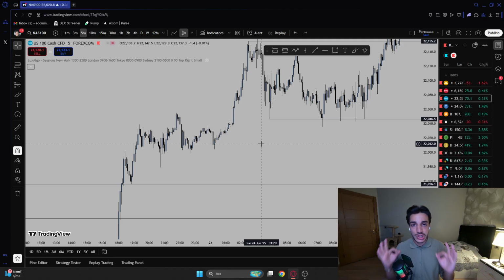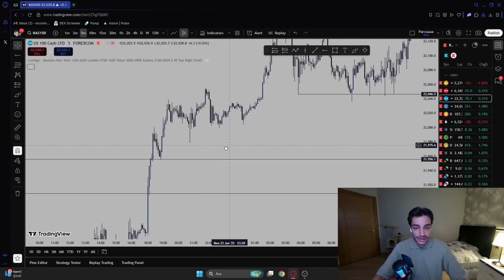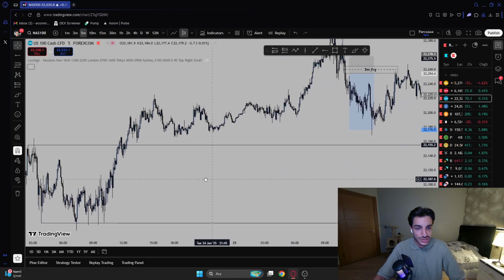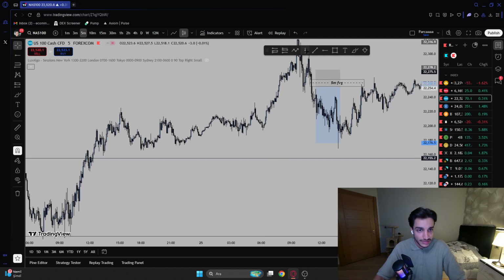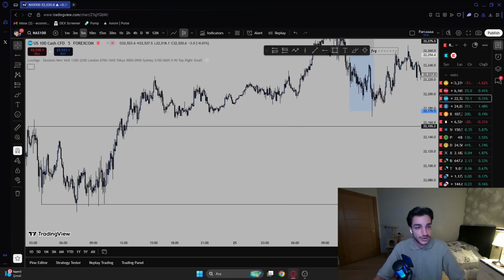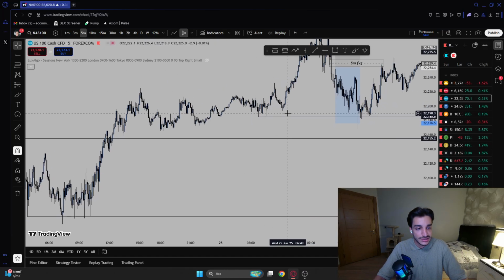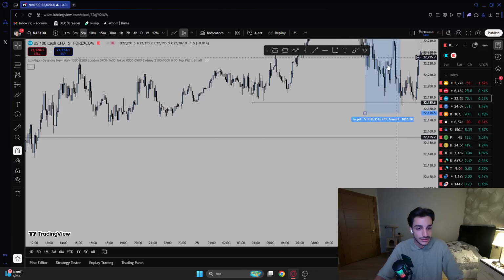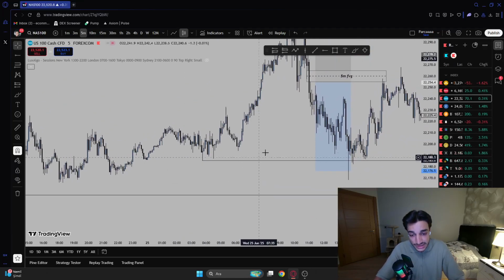You have to know liquidity sweep. It's not a choice. You must know it. Look, I can show you 1,000 liquidity sweeps right here. We have a liquidity right here, and we also don't take all the liquidities. We take the important ones. For example, I'm not going to say this is our liquidity because it's not. Okay, it's a liquidity, but it's not somewhere important.